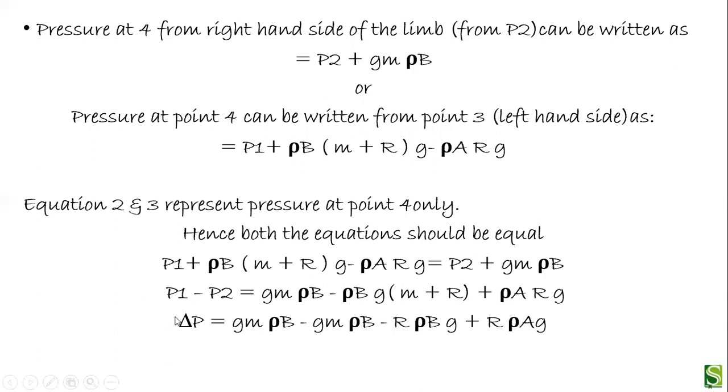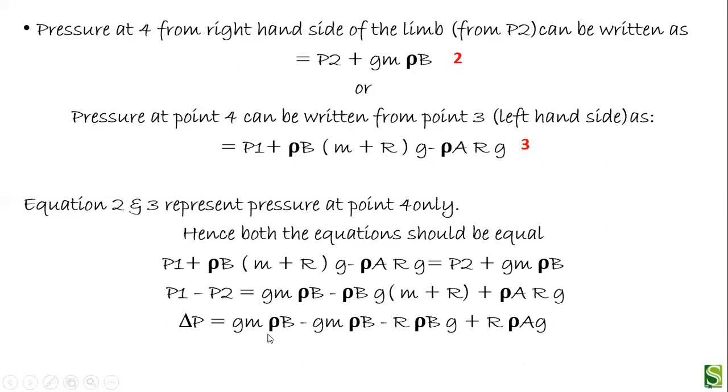We can write P1 minus P2 as delta P, and we are going to open this bracket. If you open this bracket, we can write it as G M rho B; this value is going to remain constant. Then rho B g M minus rho B g R plus rho A R g. Now you have to look carefully at this equation. The same term is going to get a minus from this, because the minus sign is there, so we are going to cancel it out.